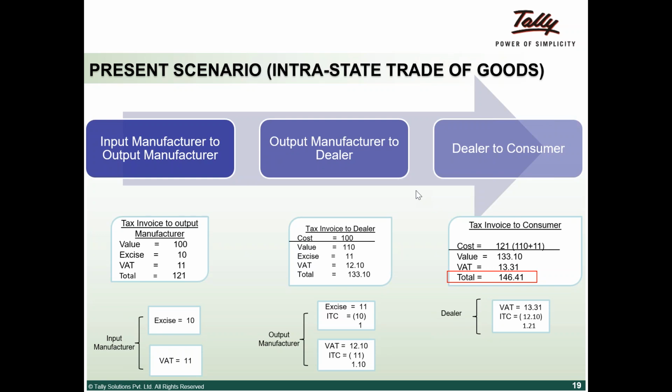Which will force you to either register or increase the scope of your business to more than 10 lakhs, which is what we said, that this gives you a complete cascading effect, which is good for the economy in the longer term.